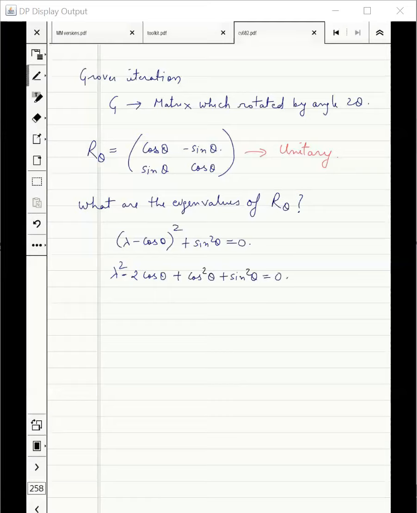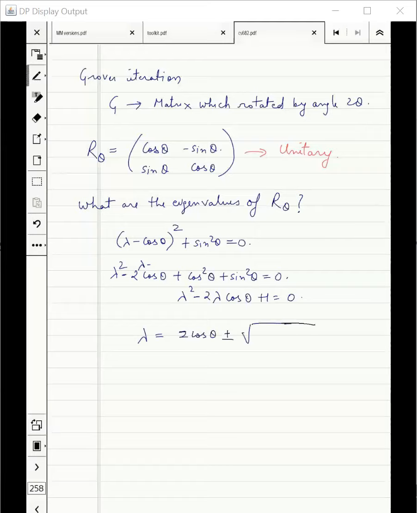Now, minus 2 cos theta lambda. Good, so all of you are awake. That means lambda is equal to, this is a quadratic equation, right? What was the formula? Minus b plus minus the square root of the discriminant.